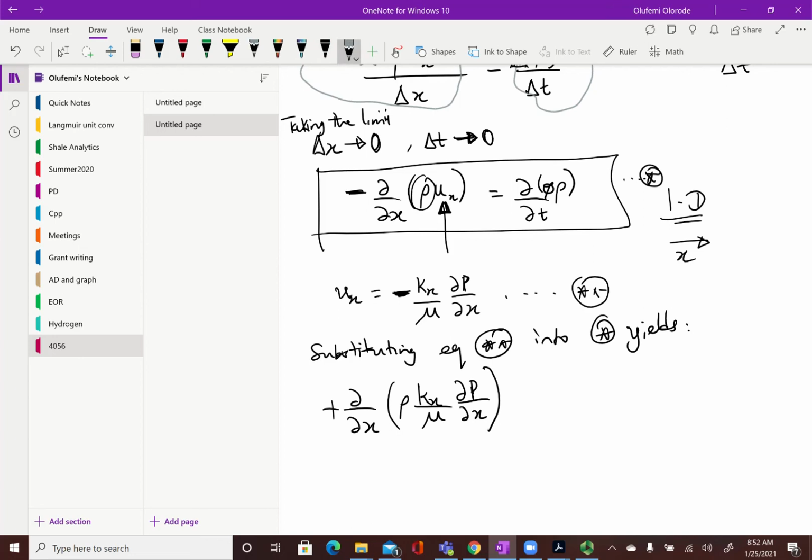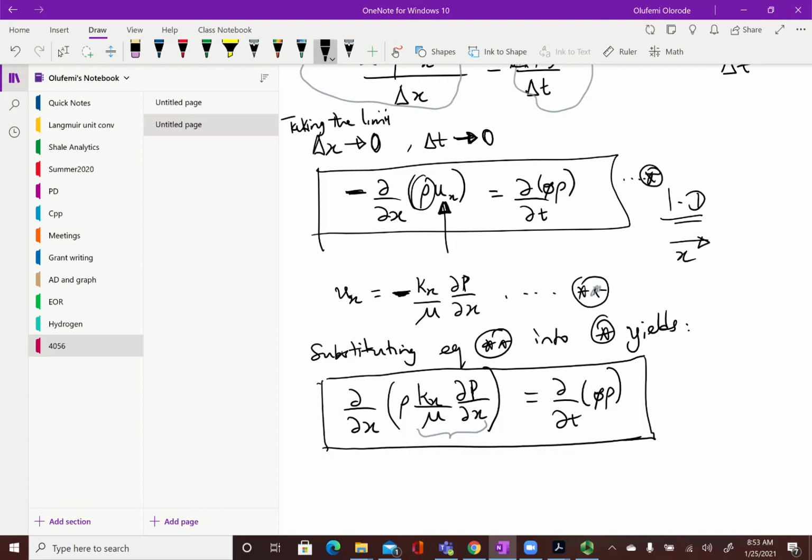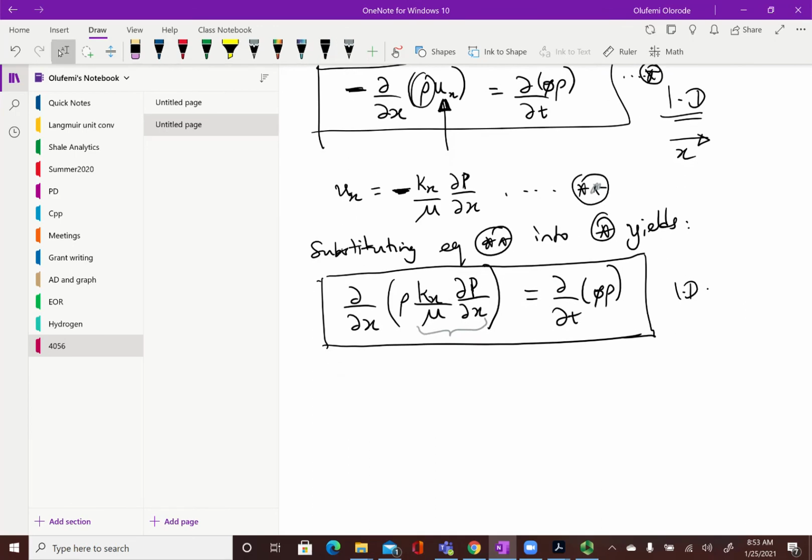So this is your Darcy equation, equation star star, and right hand side remains the same. And this is the most common form. This is the form of the governing equation for fluid flow in porous medium in 1D. So 1D flow. We've substituted in Darcy equation into this form of the continuity equation.